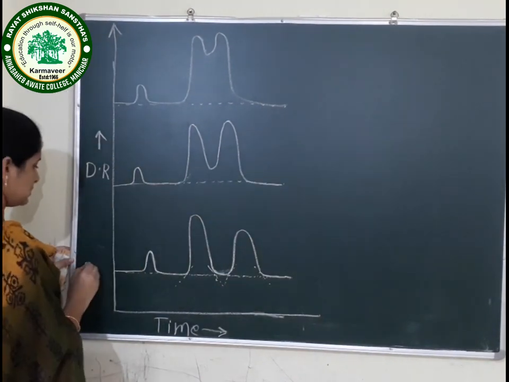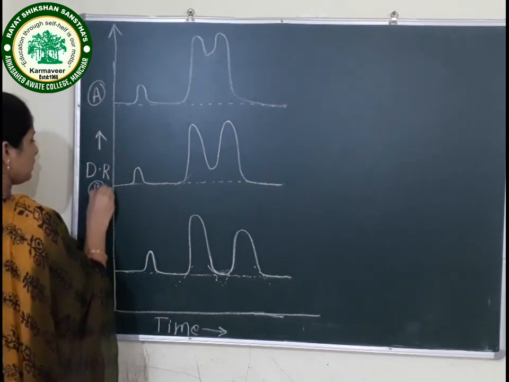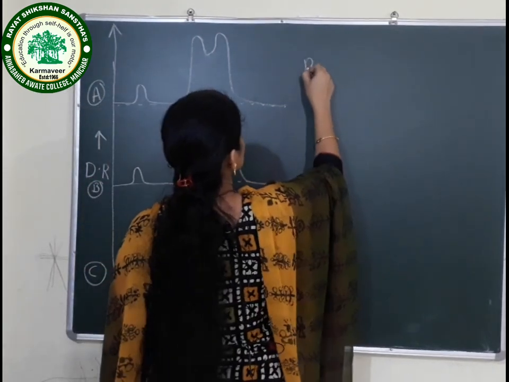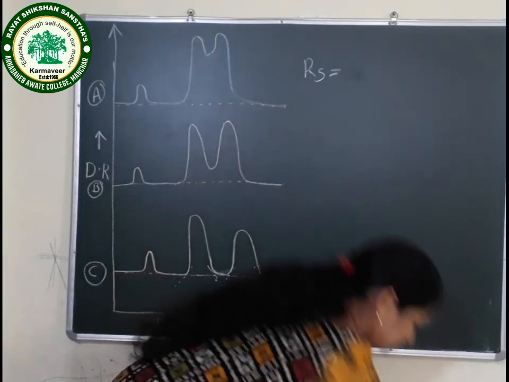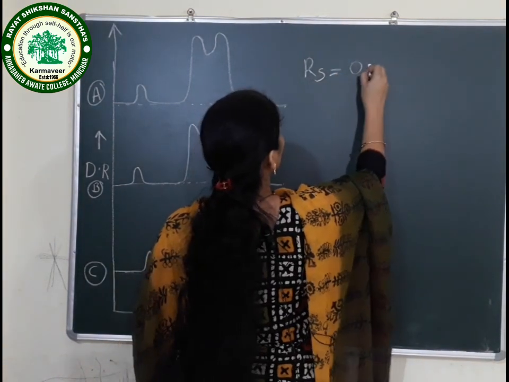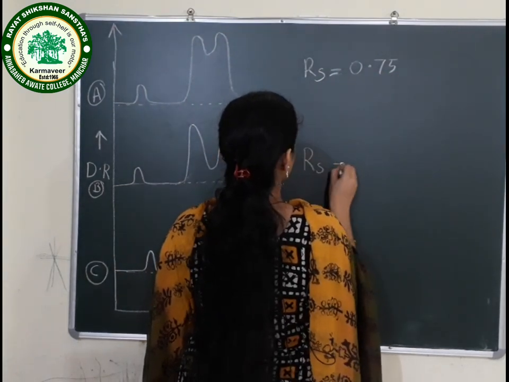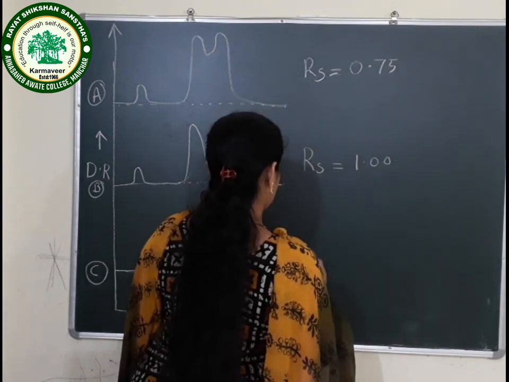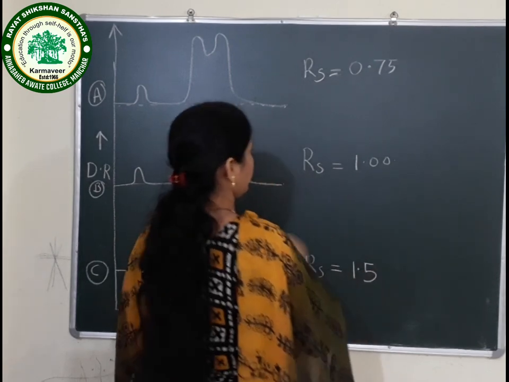Now I will number this as A, this is B, and this is C. Now the RS resolution for A is 0.75. Resolution for this B graph is 1, and resolution for this C graph is 1.5.